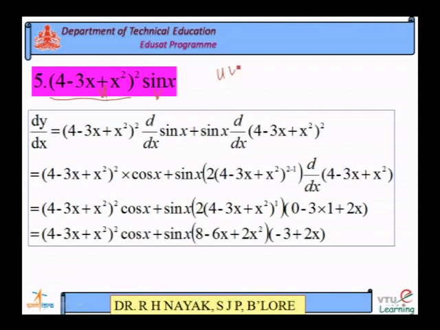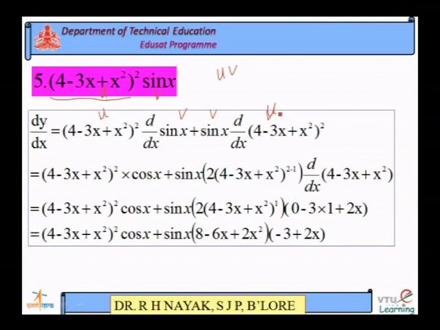How to differentiate this product? We have to use the product rule: u into d by dx of v plus v into d by dx of u. u is 4 minus 3x plus x square into d by dx of v, plus v into differentiation of u.